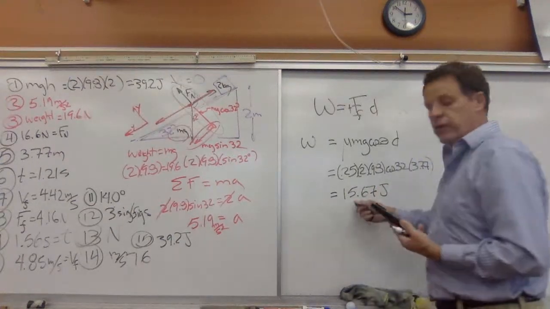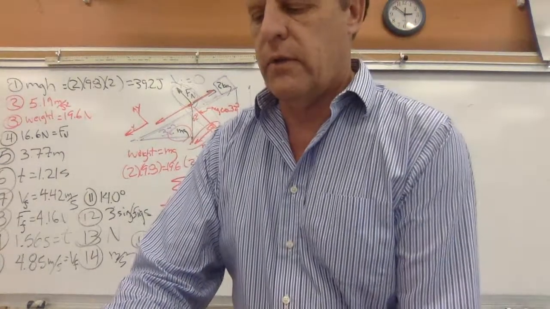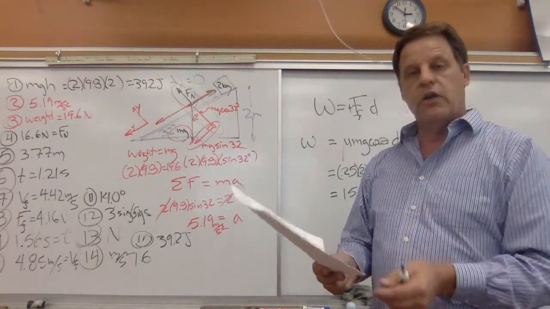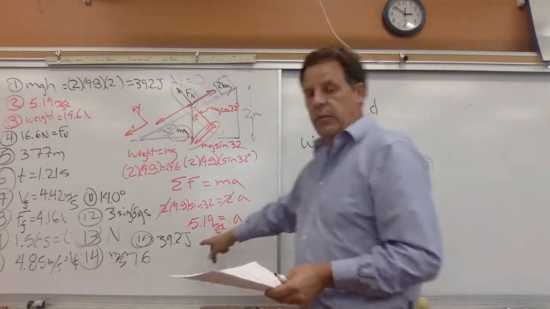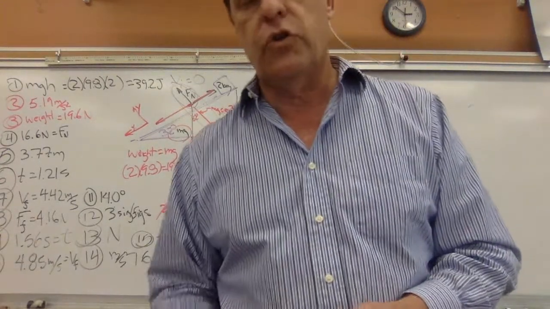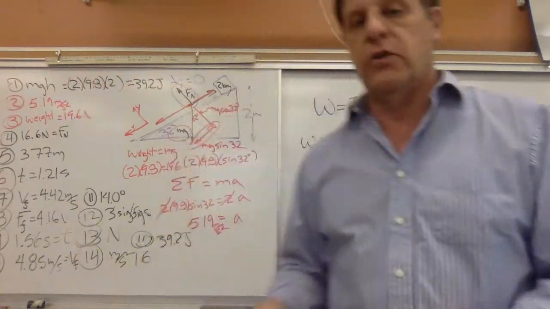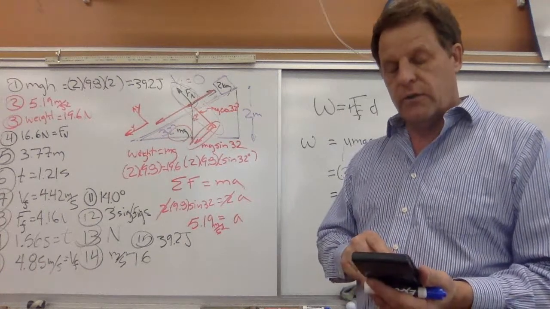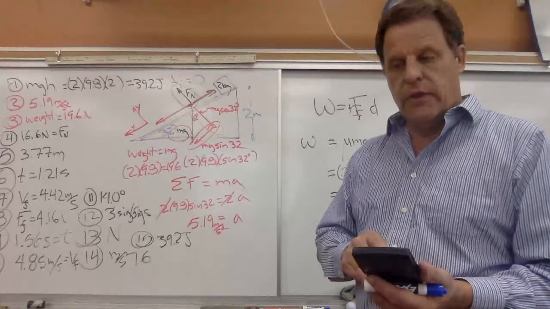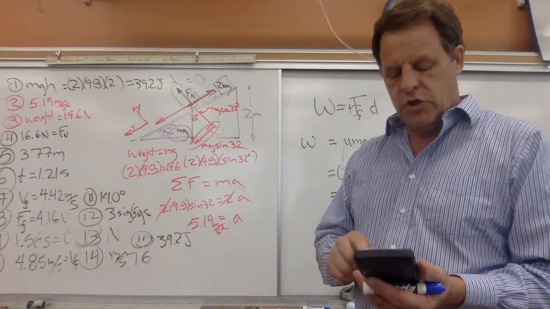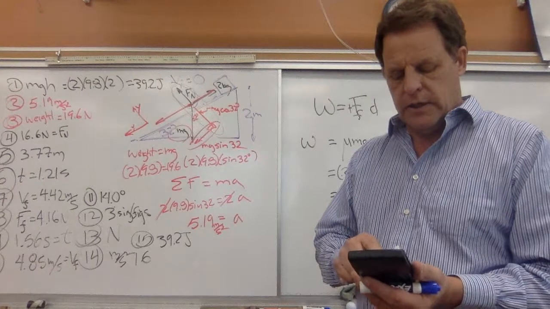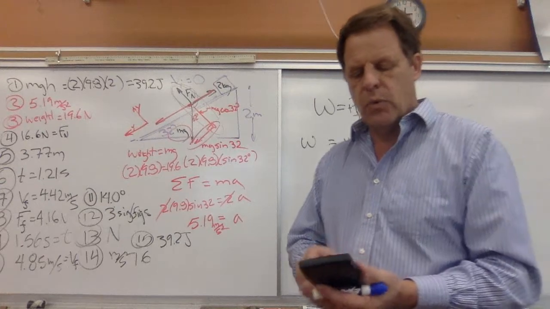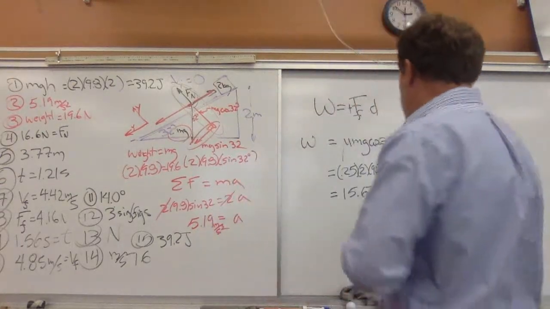15.67 joules. Now, that is the amount of energy we need to overcome friction. Our 39.2 was the amount of joules needed to bring it up against gravity, and therefore we can just add this to 39.2, and we're going to get a total of 54.9.